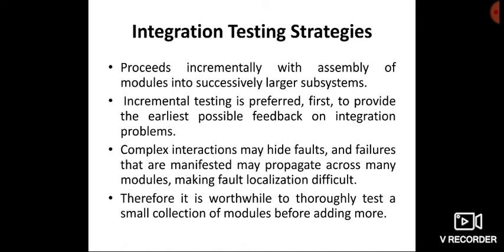You can even get the faults after releasing the product. If you release the product and it contains some kind of faults or errors, it will completely destroy the function, completely destroy the intention, and completely destroy the product also.